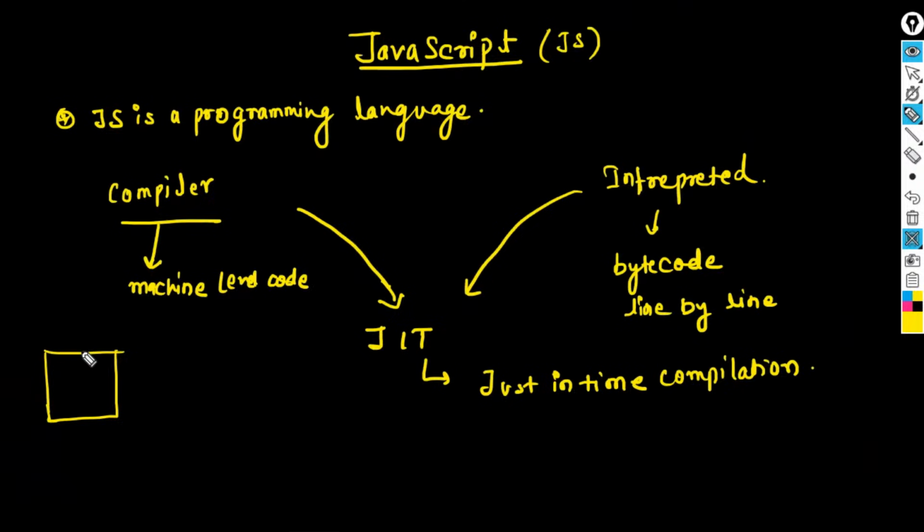That conversion has two ways, compiler and interpreter. Now there is a third way, a mixture of both compilation and interpretation. With this, the output, the compilation or the interpretation, becomes fast.